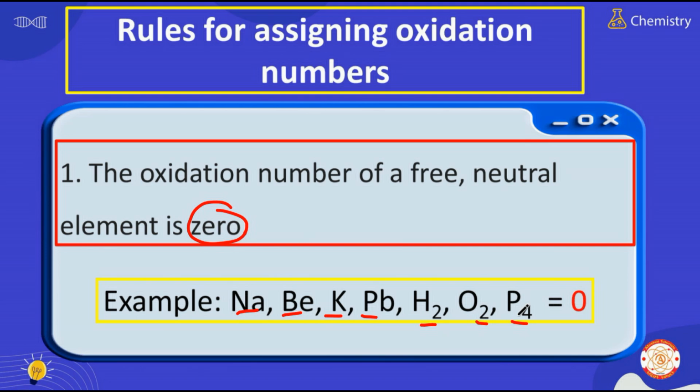This type of bond is formed by sharing electrons equally. So that means these bonds are formed by neither losing nor gaining. Hence, the oxidation number of this is equal to 0.